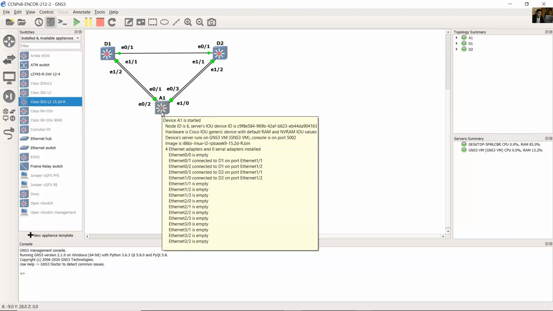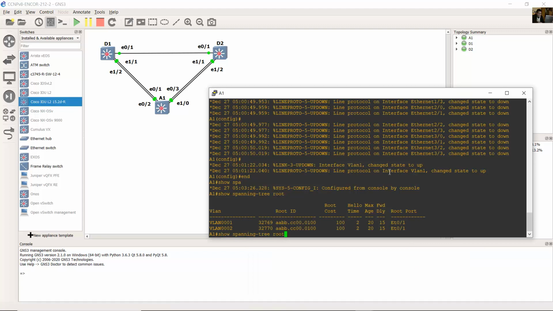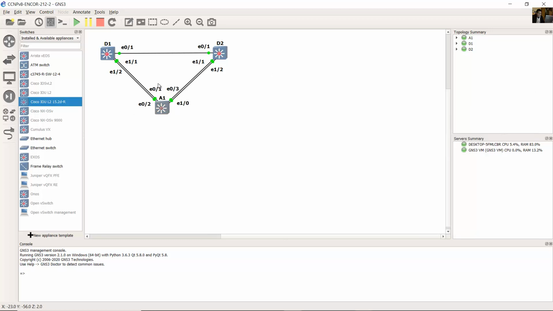And go to A1, and repeat show spanning tree root. And now you can see the root ID is AABBCC000100, the base MAC address of D1. And the root port Ethernet 01. So Ethernet 01 is the root port, so D1 is the root bridge.